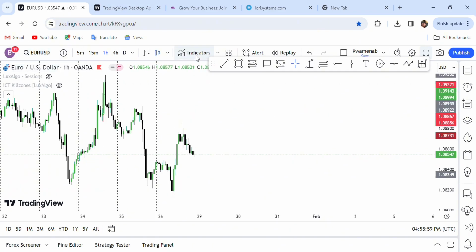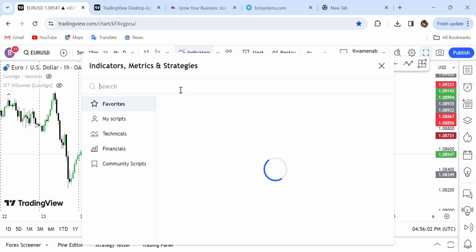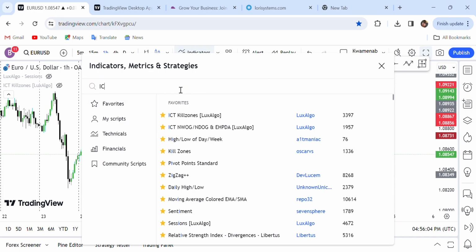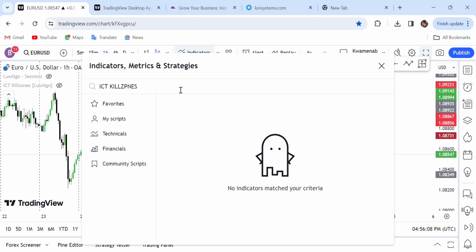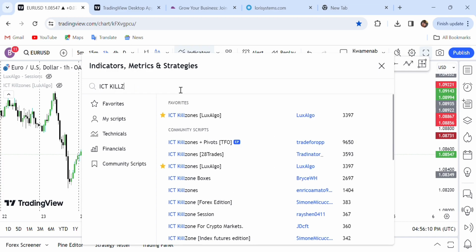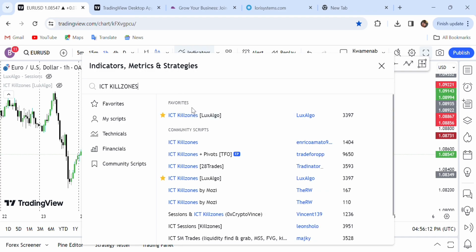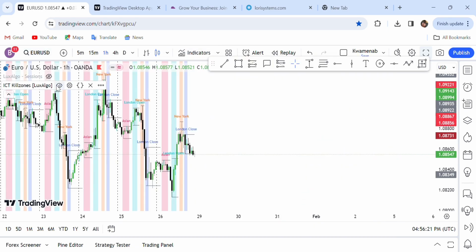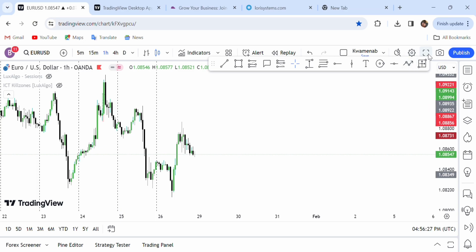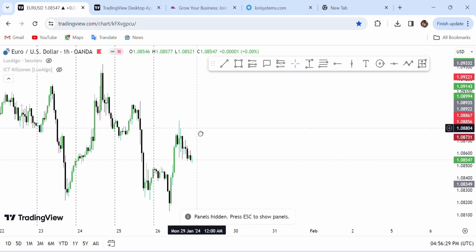You can come to your indicator section and just type ICT Kill Zones, like this, and there you go, you have it by Lux Algo. Once you select it, this is how it looks, but we'll come back to that later. Just keep it on standby.